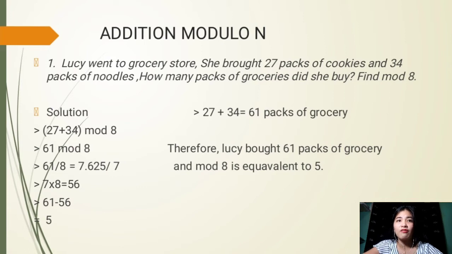We use 7 and multiply it by 8, and the result is 56. Then simply subtract 56 from 61, and our mod 8 is equal to 5. Therefore, Lucy bought 61 packs of groceries, and mod 8 is equivalent to 5.